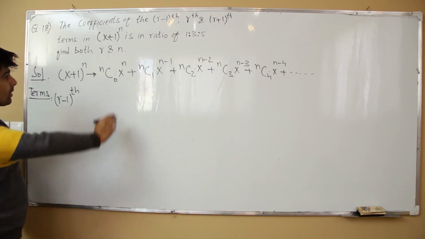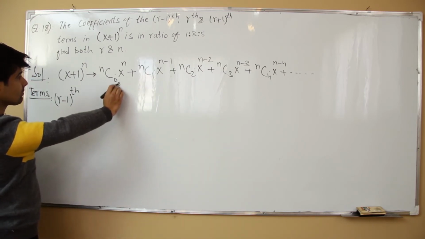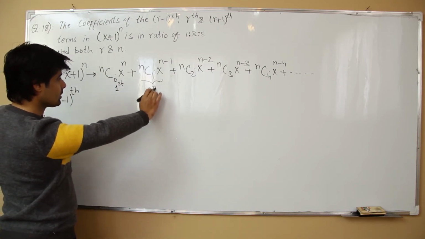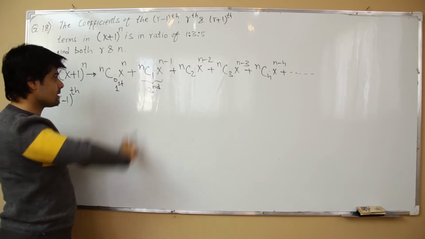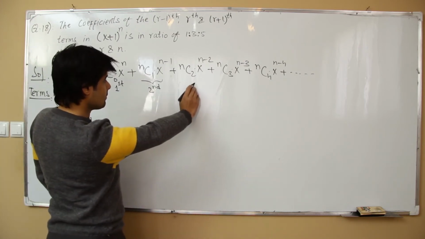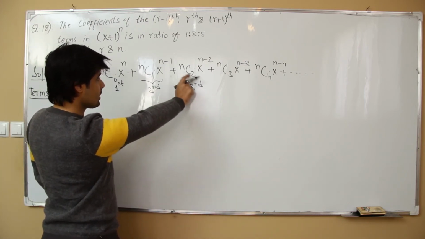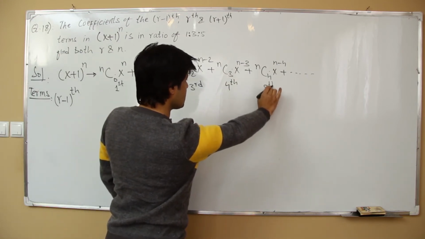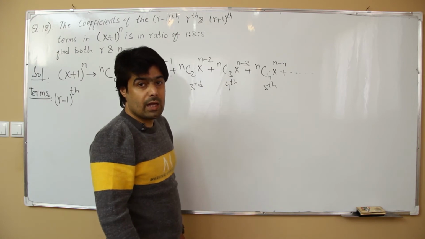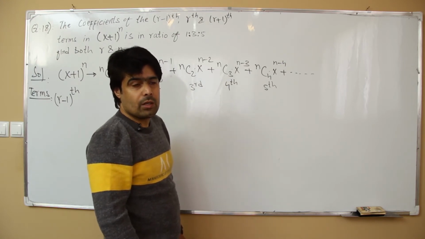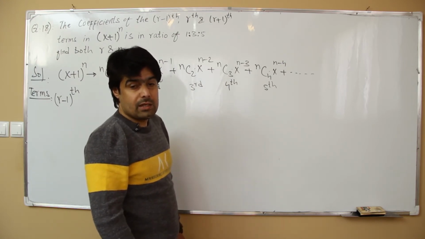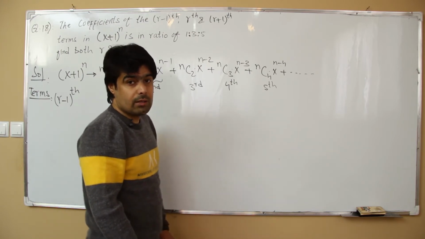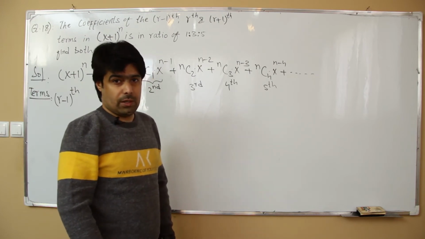What is the first term? The first term coefficient is n C 0. The second term coefficient is n C 1. The third term coefficient is n C 2. Fourth is n C 3. Fifth is n C 4. The 10th is n C 9. The 20th is n C 19. The 50th is n C 49. The rth term is n C r minus 1.